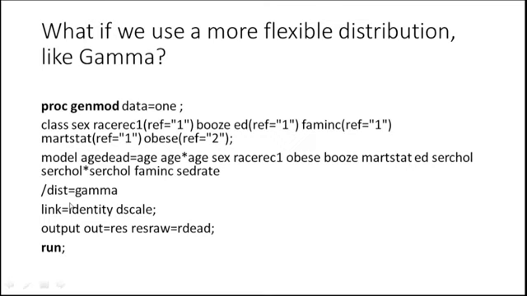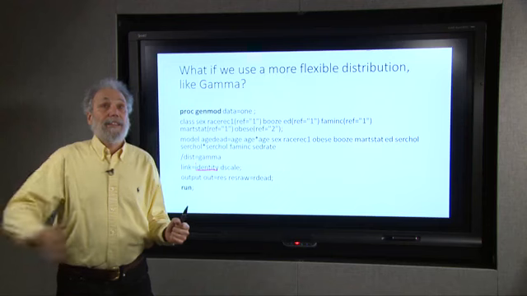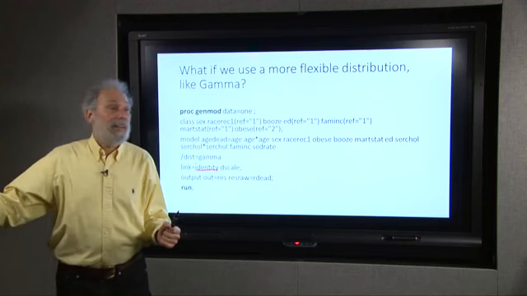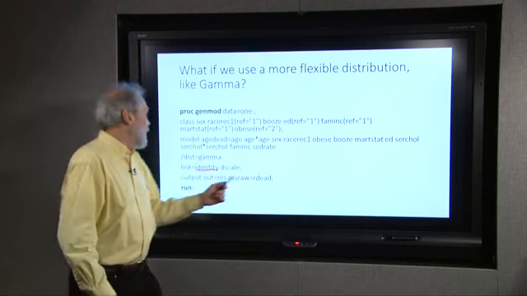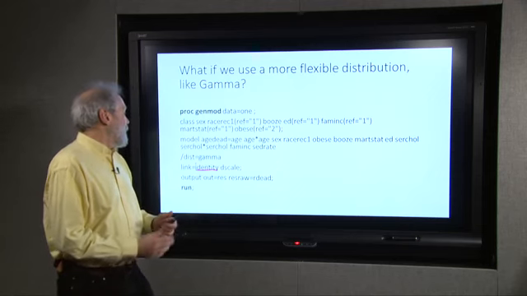Suppose I say, okay, it's a skewed distribution. Let me fit the same model. I'm going to say link equals identity, right? I just want a regular linear regression. The expected value of age at death depends on that, but the distribution is gamma.